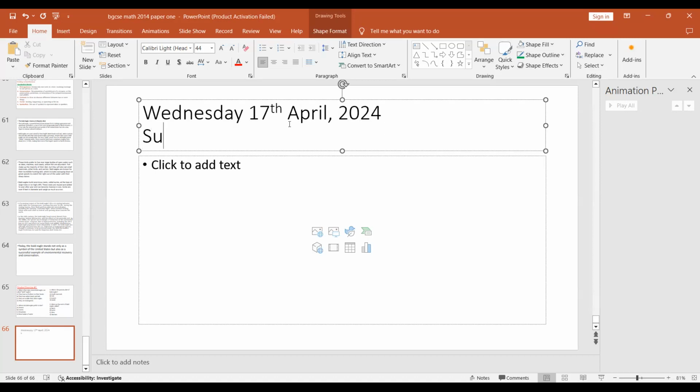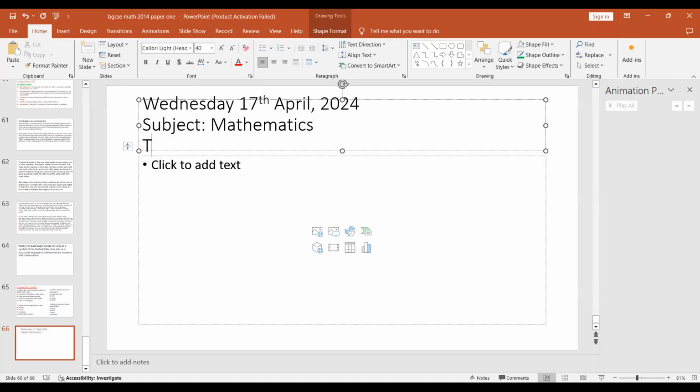The subject is, of course, we're going to start off with mathematics. The topic is word problems involving mixed fractions.